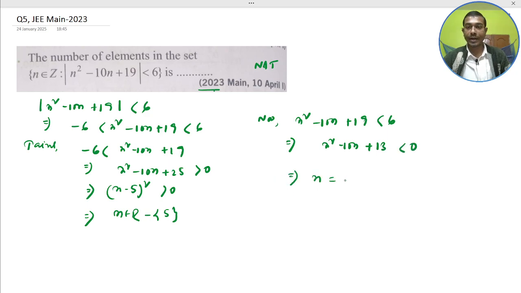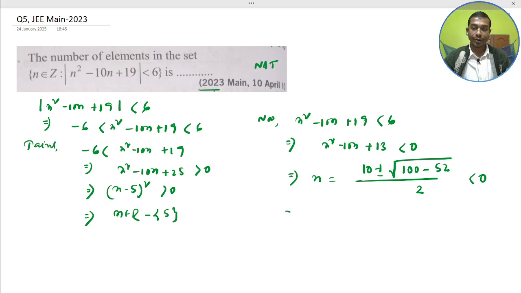So n equal to what? Minus b plus minus root over b square minus 4ac by 2a less than 0, that n belongs to between 5 minus 2 root 3 and 5 plus 2 root 3.